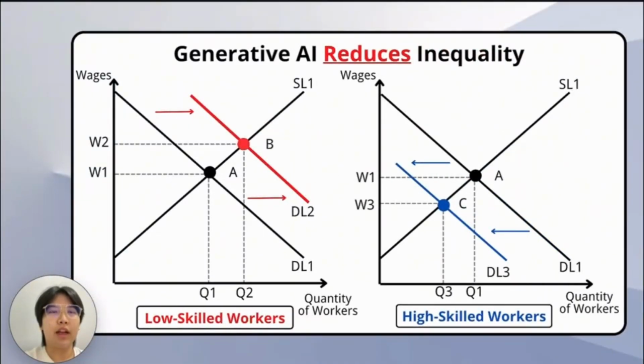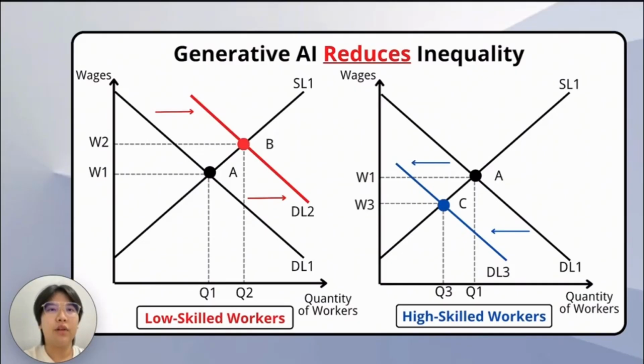Initially, the labor market for workers is at point A, where the quantity of workers is at Q1 while their wage is at W1. Assume that low-skilled workers can use generative AI to increase productivity. The demand for low-skilled workers increases. DL1 shifts to the right to DL2.